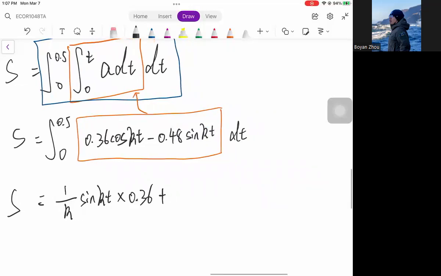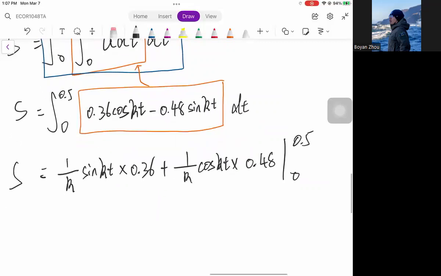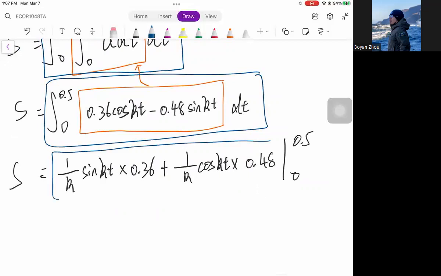So it's going to be a plus 1 over k times cosine kt times 0.48. And everything is going to be evaluated from 0 to 0.5. Like those are the blue box.